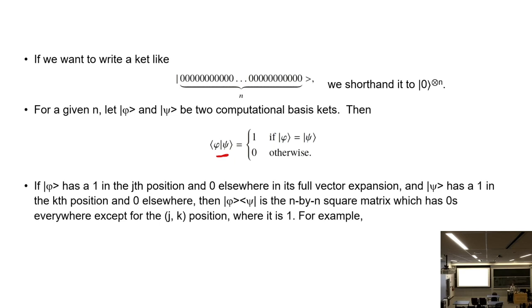So if we're talking about the outer product of 0 with itself, then it's the familiar 1, 0, 0, 0. And the outer product of 1 with 0 is 0, 0, 1, 0. And the outer product of 0 with itself plus the outer product of 1 with itself is the 2 by 2 identity matrix, like before.